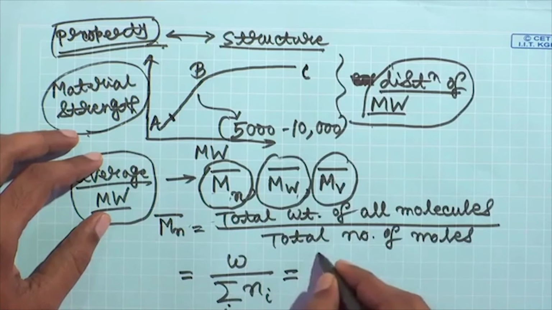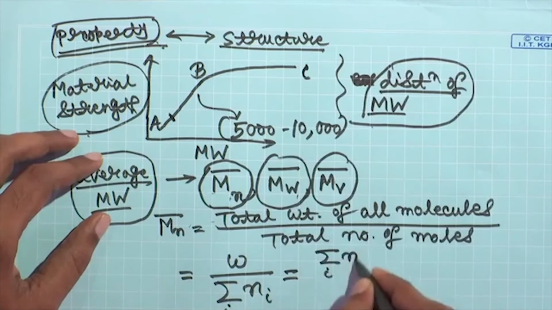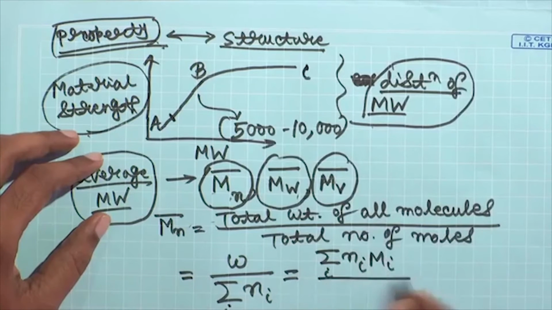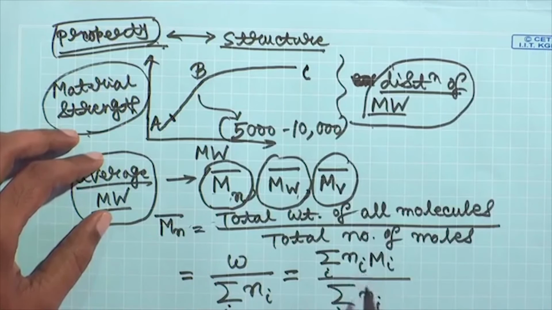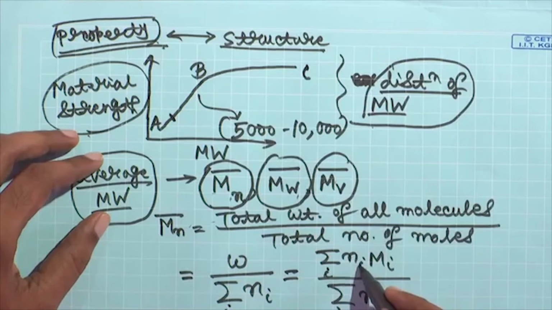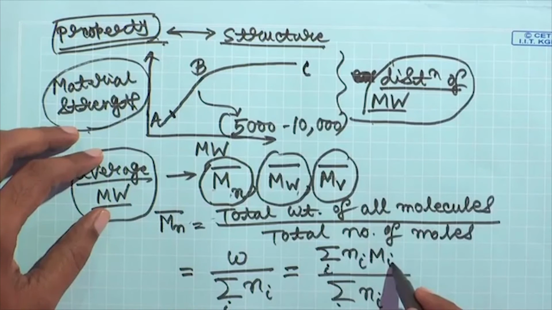Let me write down the expression and then I will explain. This is the sum over Ni Mi divided by the sum over Ni. You are summing over all i's. You may have N1 moles of molecules which have molecular mass M1, N2 moles of molecules which have molecular mass M2, like that.